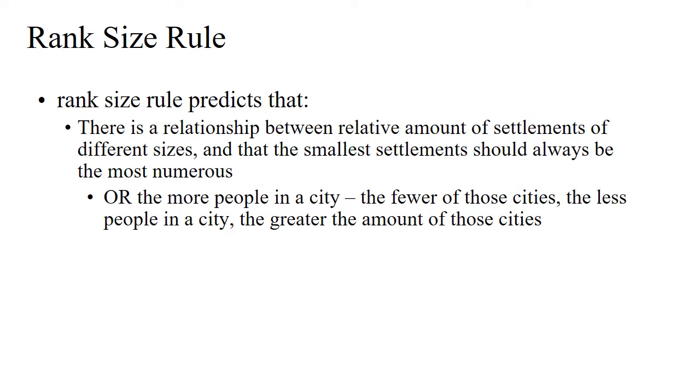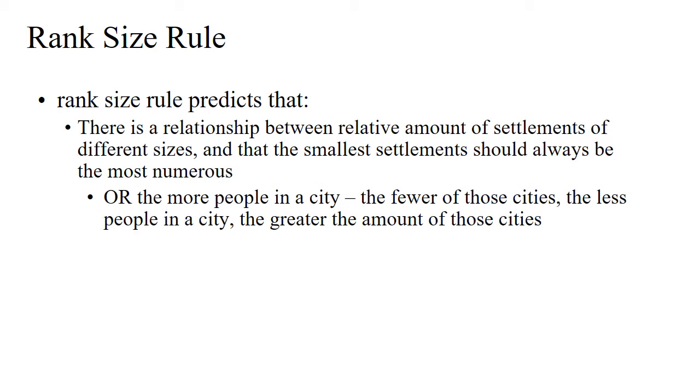The rank size rule makes a couple predictions. One being that there's going to be a relationship between the number of settlements that you find of different sizes, and that the smallest settlements will always be more numerous. Another way to think of it is that the more people there are in a city, the greater the population, the fewer of those cities you're going to find in a given region.